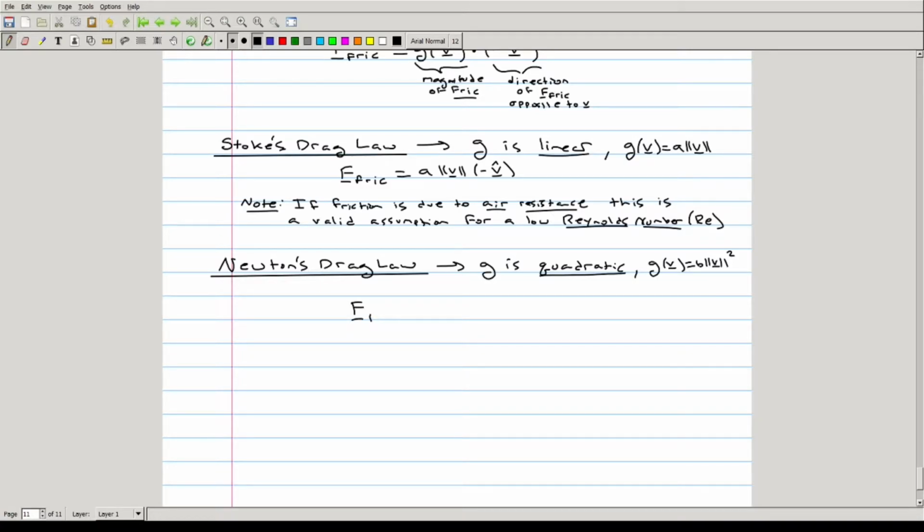So in this case, the force due to friction would be b times the length of the velocity vector squared times the direction this force is acting, which is always opposite to the velocity vector.